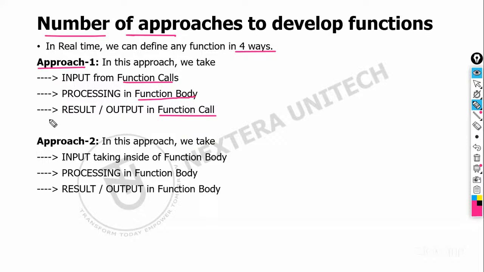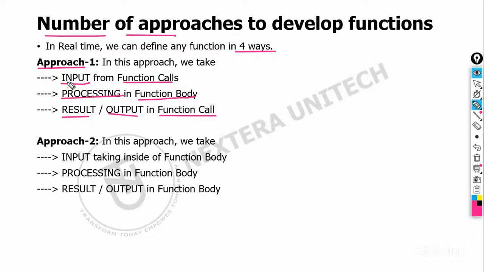Probably we are unable to understand, right? What is this approach 1? What is this input, output and processing? Yes, obviously within a function, it has to take some inputs. Once it takes any input, it has to give output, the result. This input has to be processed, only then you'll get the output, right?